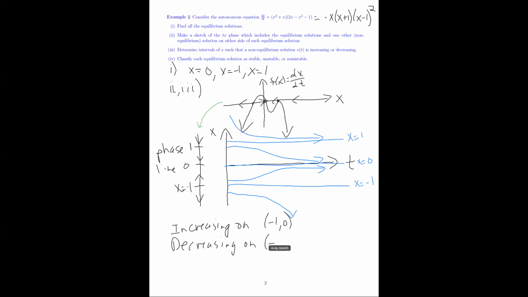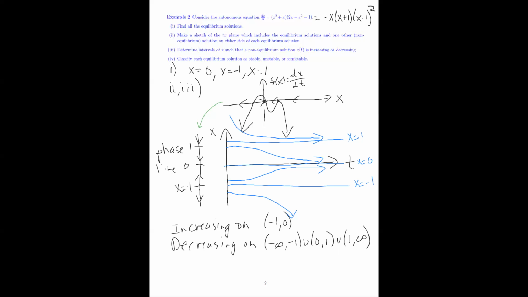So that would be -infinity to -1, union 0 to 1, union 1 to infinity. So that's the answer to part 3. That is the intervals on which our non-equilibrium solutions are increasing or decreasing.